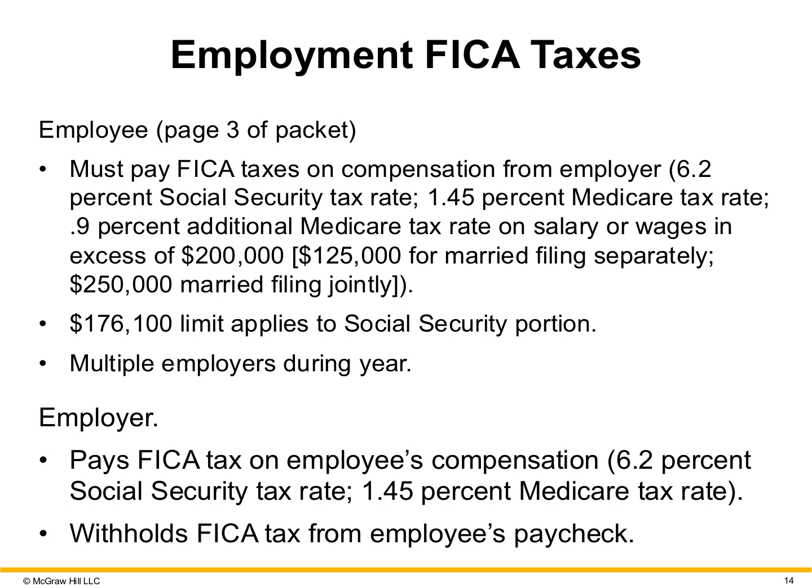For taxpayers employed by a company, the FICA taxes, Social Security and Medicare, have total percentages of 12.4% for Social Security and 2.9% for Medicare.